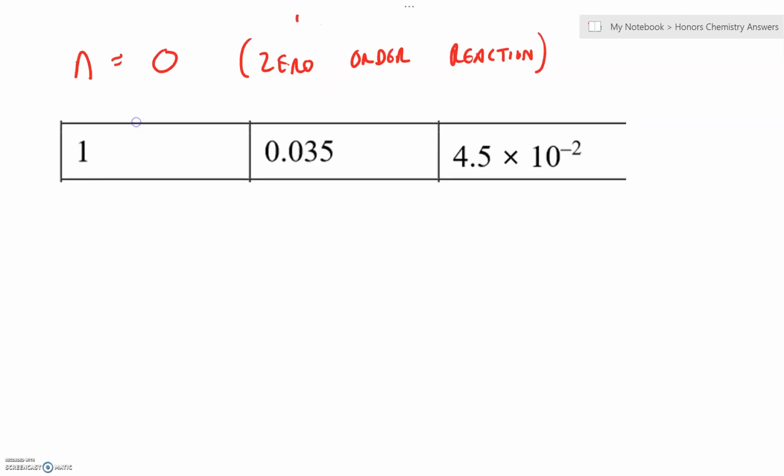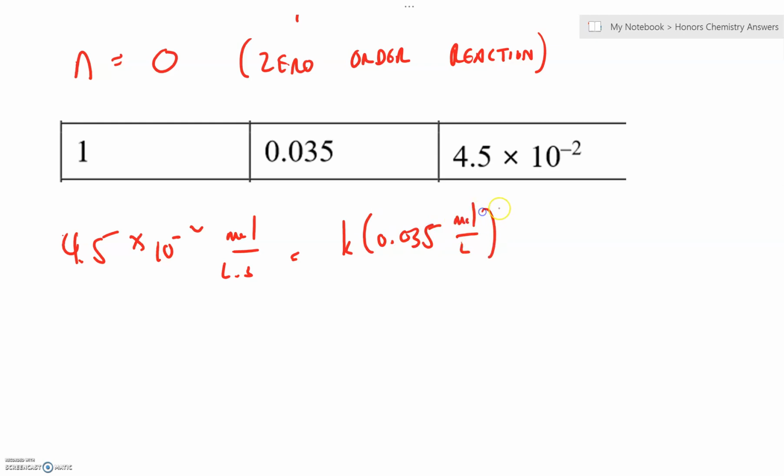All right, so we want to find k. So in experiment 1, we have a rate of 4.5 times 10 to the minus 2 moles per liter per second. So there's some rate constant k that we don't know. And the concentration of NH3 at the beginning is 0.035 moles per liter raised to the n.